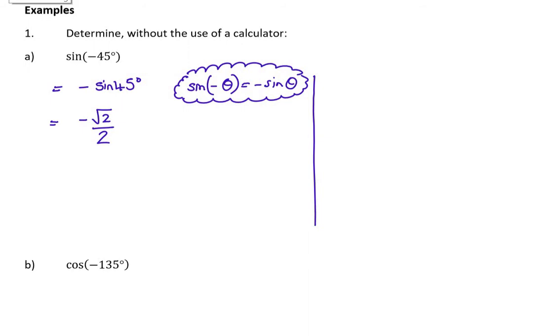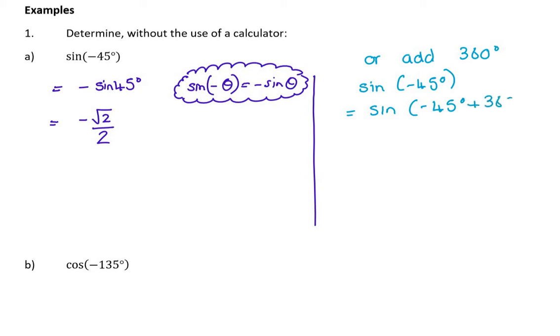Okay, now what happens if we forgot that trick? Whenever there's a negative angle, don't forget that you can add 360 degrees as many times as you want. So if you had sine of negative 45 degrees and you completely forgot what that means, not a problem, because I can just say I'm going to add 360.